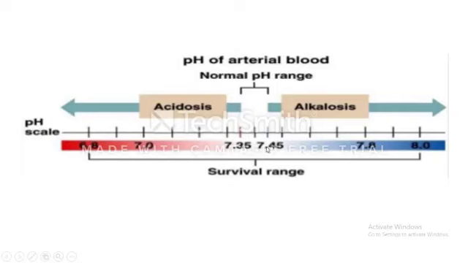This is the survival range, the pH range of arterial blood. Alkalosis takes place when the pH becomes high as compared to this range. And when pH becomes low as compared to this survival range, it is called acidosis.